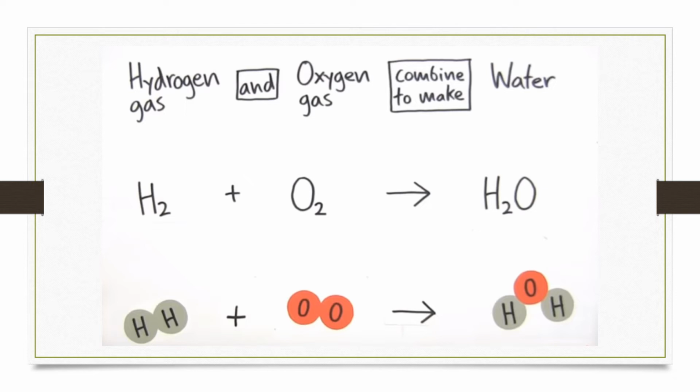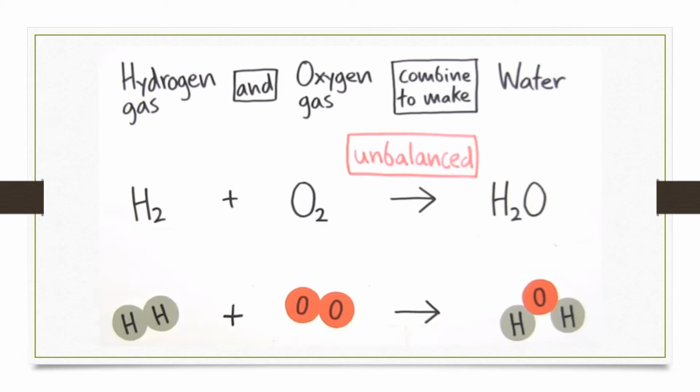The number of oxygen atoms is not balanced. Thus, H2 plus O2 gives H2O is an unbalanced chemical equation.